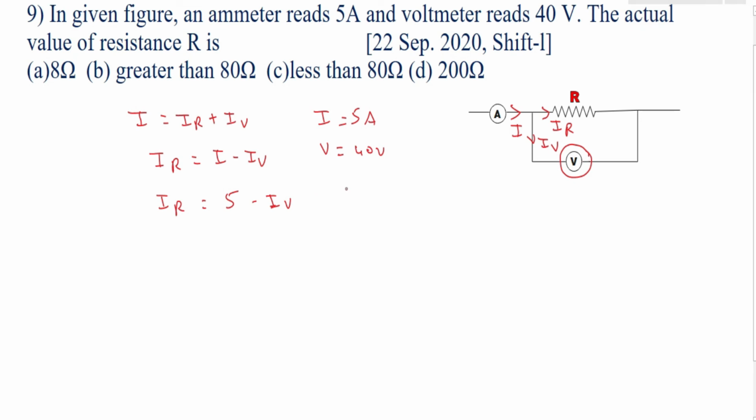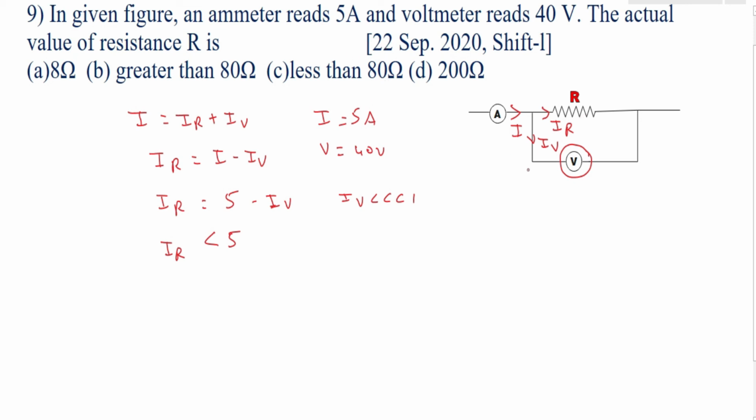That is, the value of IV will be far less than 1 because of the high resistance of the voltmeter. Then 5 minus a small value will give a value which is less than 5. That is, the value of IR will be less than 5 amperes. Okay, so the current flowing through this resistor will be less than 5 amperes.